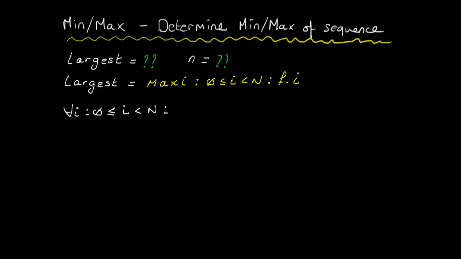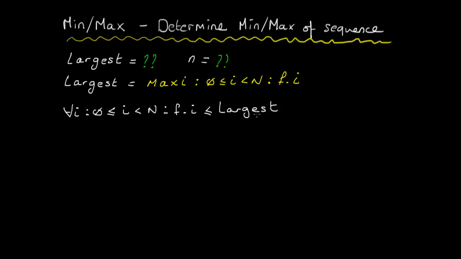And then, if largest is going to be the largest value in the array, we would say f.I is less than or equal to largest. So we're finding the largest, so max being the largest. If largest is going to be equal to the largest value in the array, another way to say that is that every f dot I is less than or equal to largest.